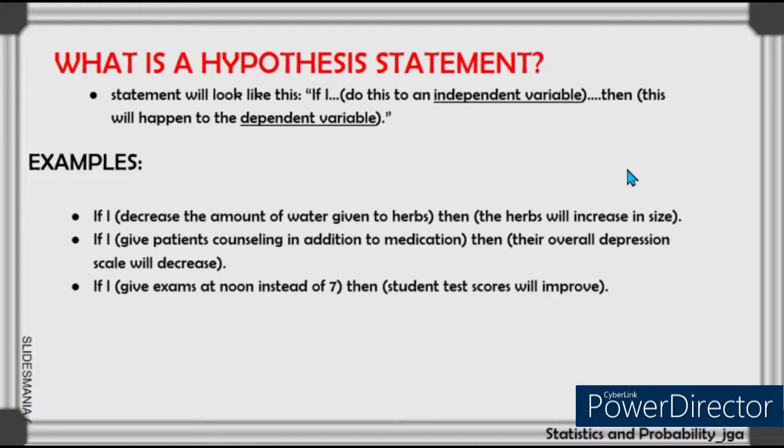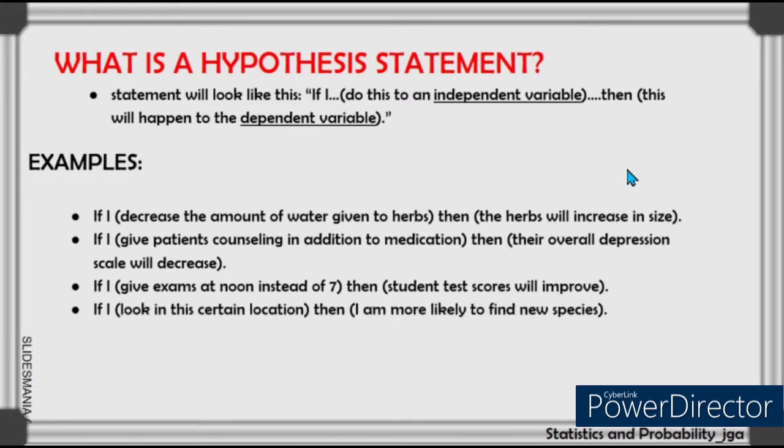The independent variable in this statement is giving your exam at noon instead of 7, and the dependent variable is the students' scores will improve. Okay, so now let's proceed. Last example. If I look in this certain location, then I am more likely to find a new species. The dependent variable in this statement is finding a new species, and the independent variable here is looking in a certain location.